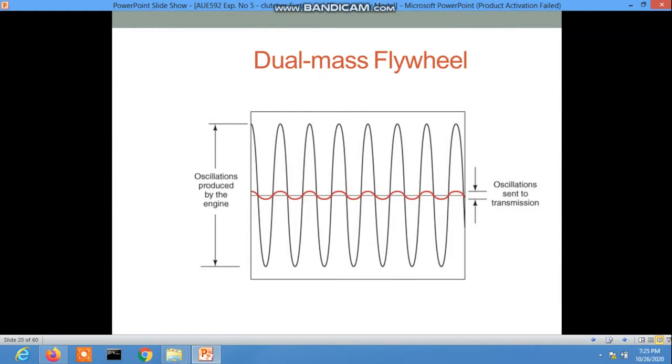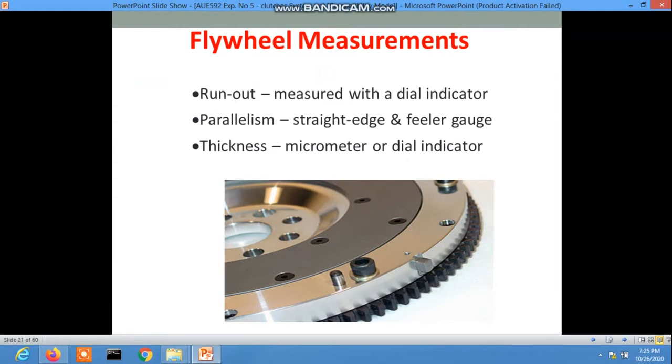Flywheel measurement. Some measurements are necessary for the flywheel. First, runout. Second, parallelism, and third is thickness.